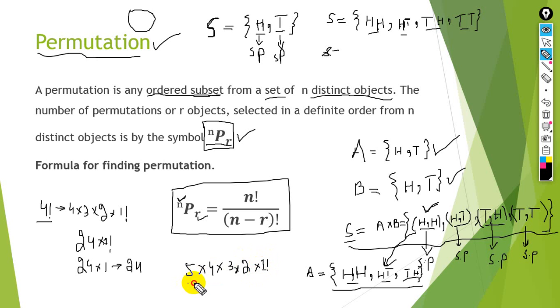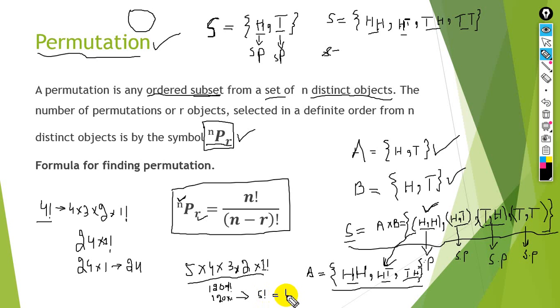When we multiply all these, 5 times 4 times 3 times 2 times 1, it will equal 120, and multiplied by 1 factorial, which is again 1, gives 120. So we can say that 5 factorial is equal to 120.